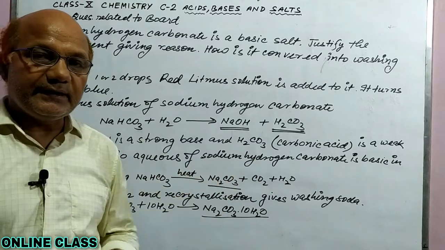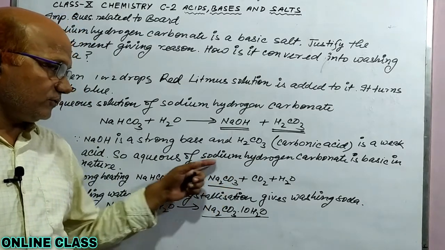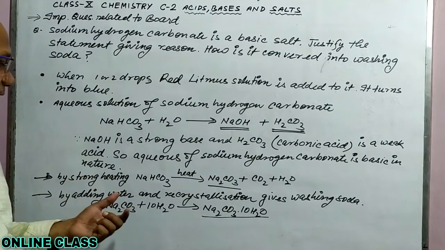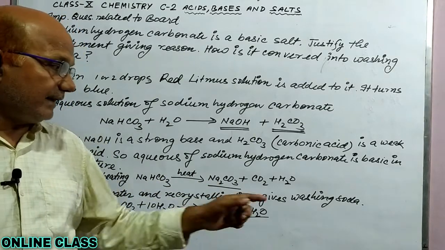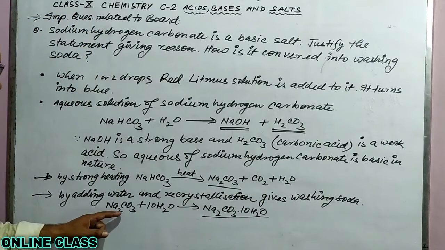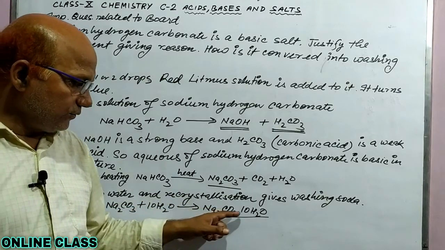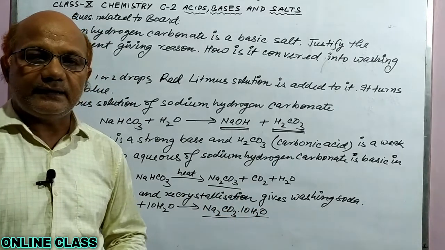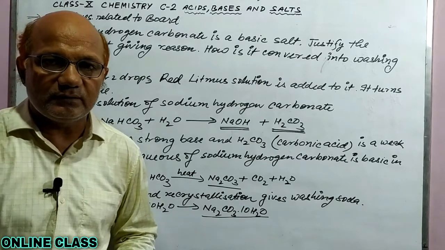It is strongly heated, and so we find anhydrous sodium carbonate, and then by adding water to it and by recrystallization we find washing soda. So, the chemical reaction is Na2CO3 plus 10H2O, it gives Na2CO3 dot 10H2O, means sodium carbonate decahydrate, which is washing soda. Now, you can take a screenshot of it.